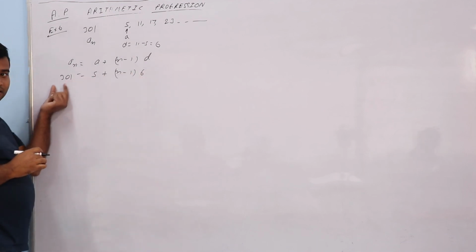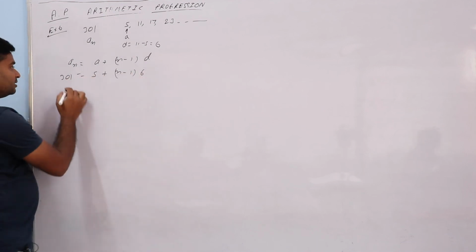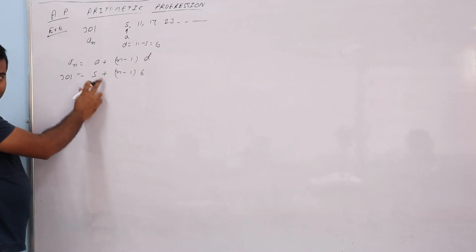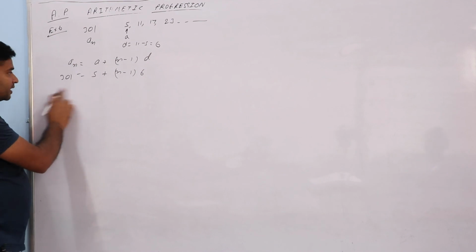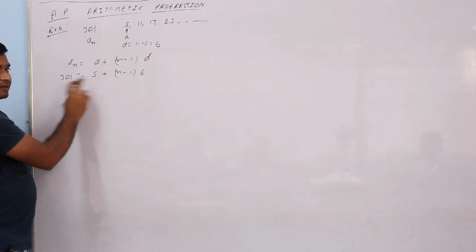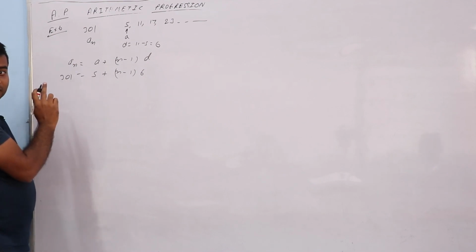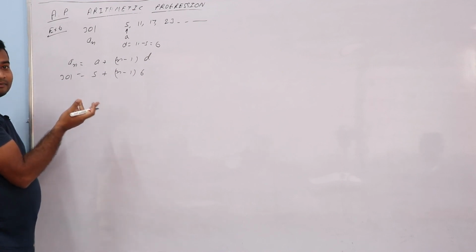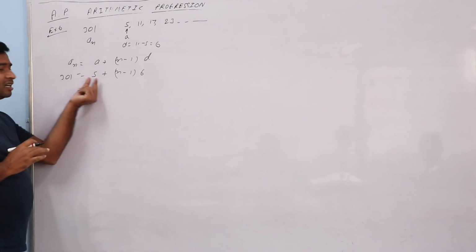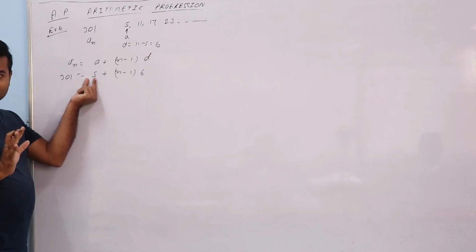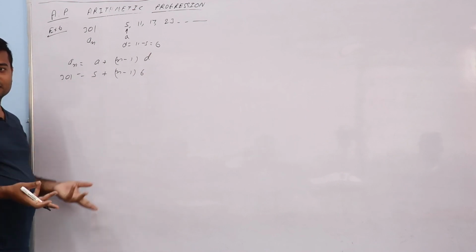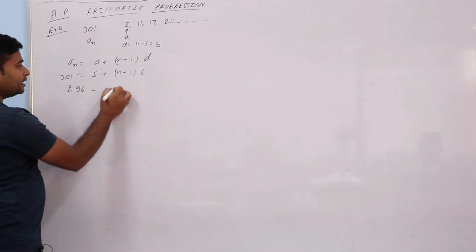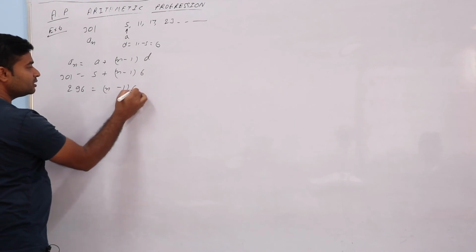Bring this term this side: 301 minus 5, this side plus 5, that side minus 5. 301 minus 5 is 296. So 296 is equal to (n minus 1) into 6.